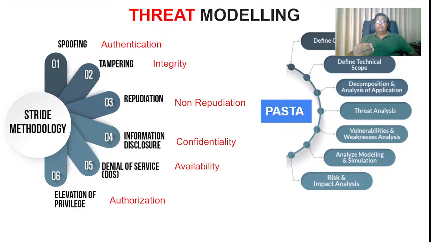Spoofing affects authentication, tampering affects integrity, repudiation affects non-repudiation, information disclosure affects confidentiality, denial of service affects availability, and elevation of privilege affects authorization. And the method which is very popular is PASTA, which has 7 steps.